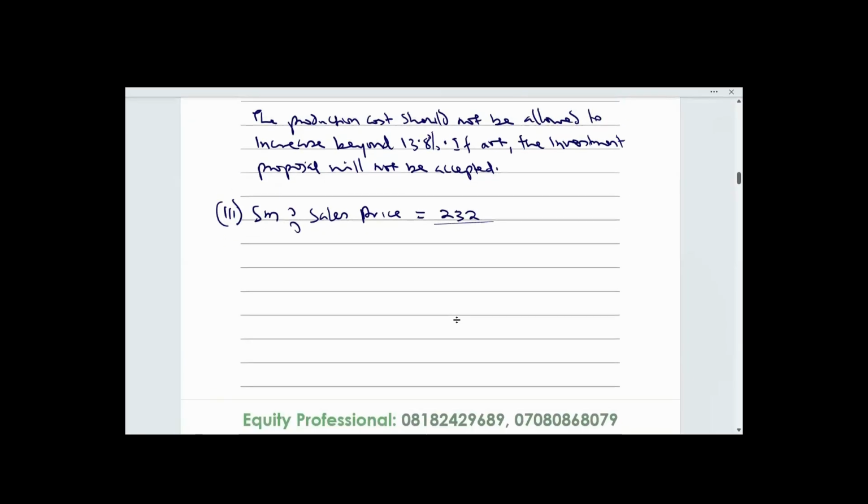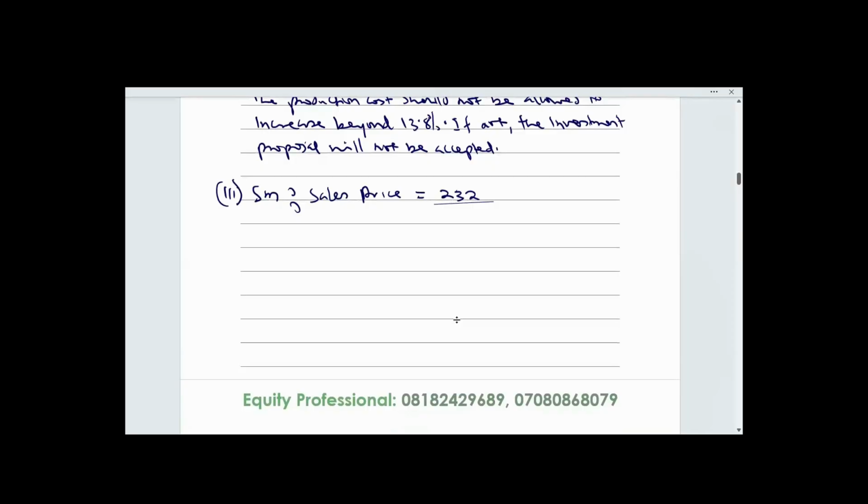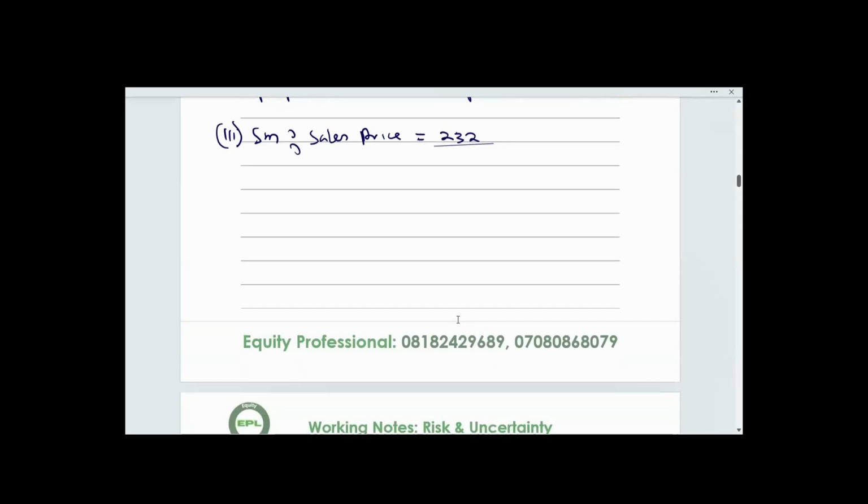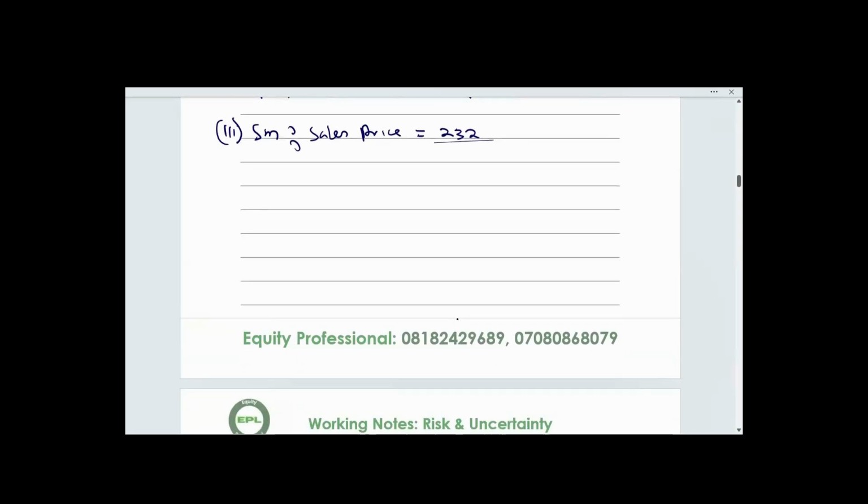Instead of switching between pages, let me just put it here. I can then calculate the PV of sales price, so we need to go and do the working for it.